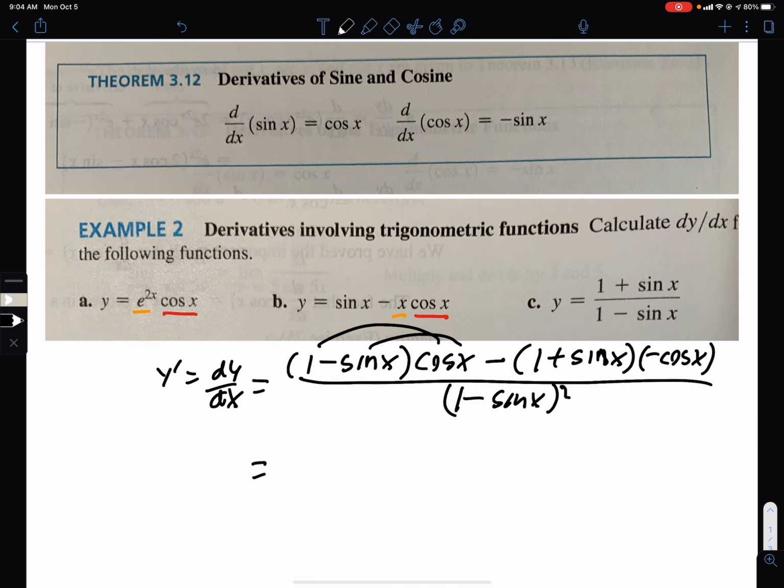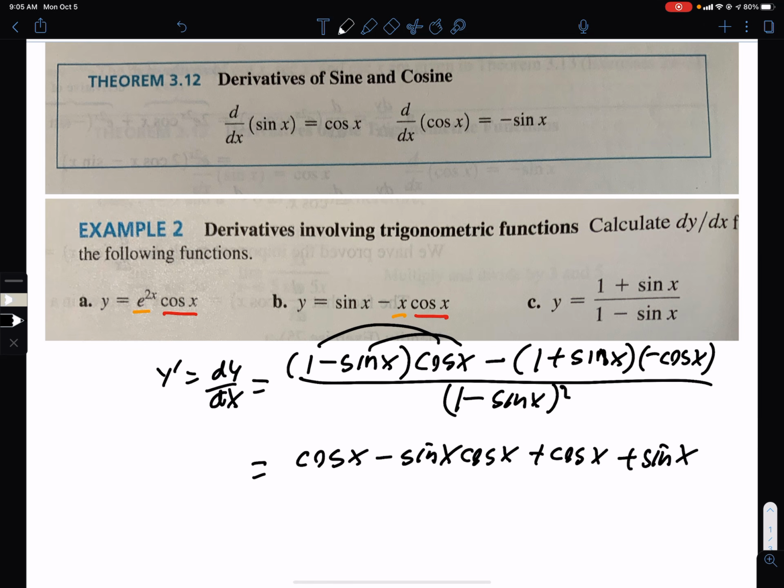So this and that will be cos x minus sine x cos x. Now the double whammy, that and that will become plus cos x. And then that and that will be another plus sine x cos x.